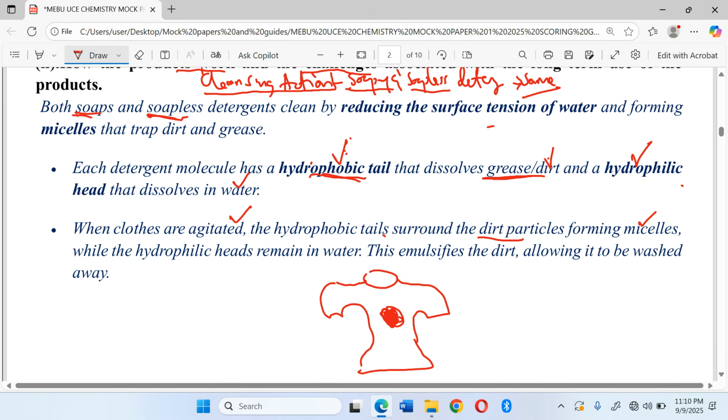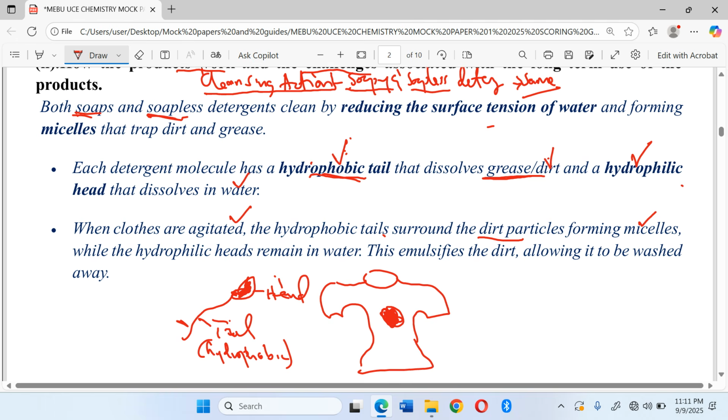You recall the structure of this soap, which we normally summarize like this: this is the polar head, and this is our tail, the hydrophobic tail. Then this is the hydrophilic head. The tail is dirt loving, while the head is water loving. So these hydrophobic tails surround the dirt.